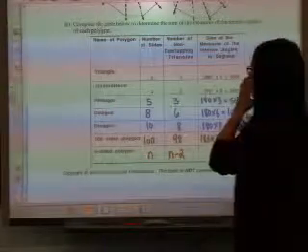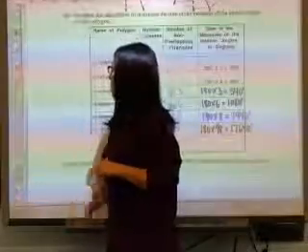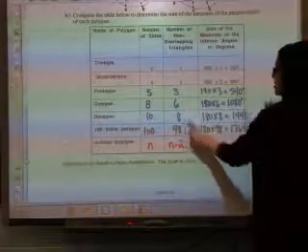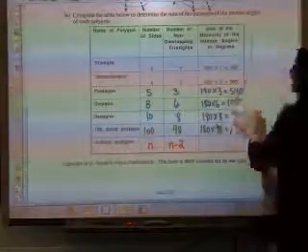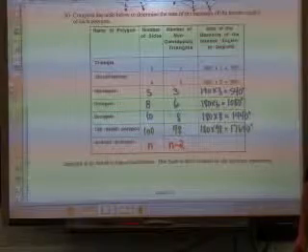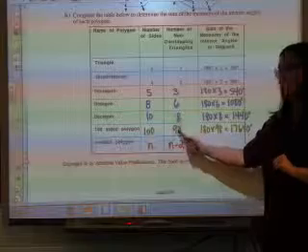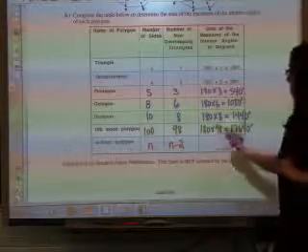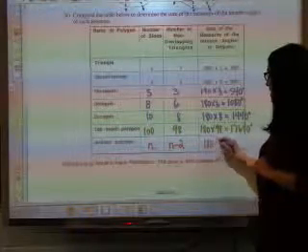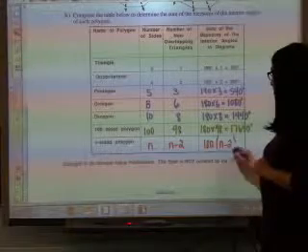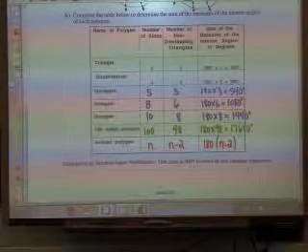And then how do I use the number of triangles to calculate the sum of the interior measures? What did I multiply these numbers by? 180. So I would take 180 and multiply it by n minus 2.